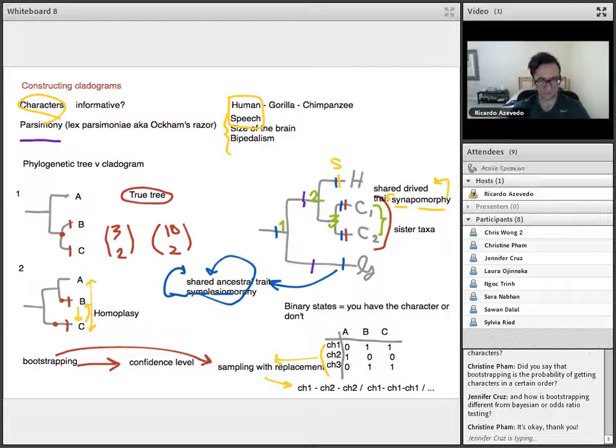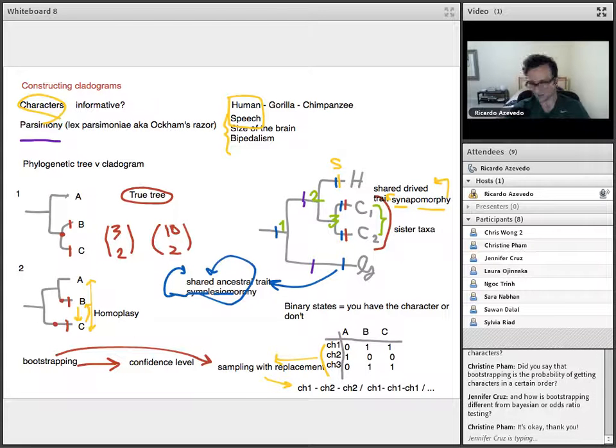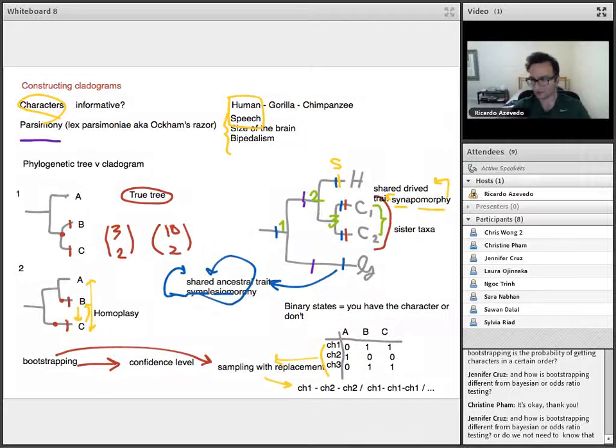So let's say, in the example phylogenetic tree number 1, B and C next to each other, as sister taxa, happened in 90% of these trees based on the reshuffling of the characters that we did during bootstrap.